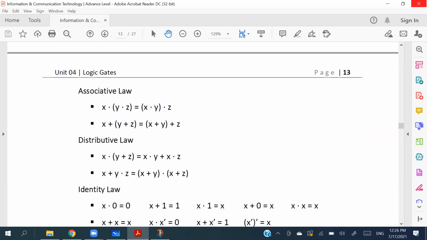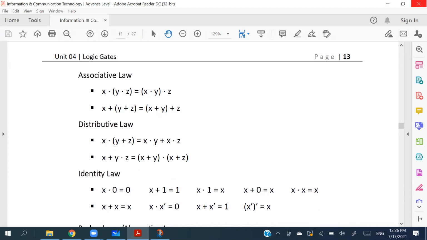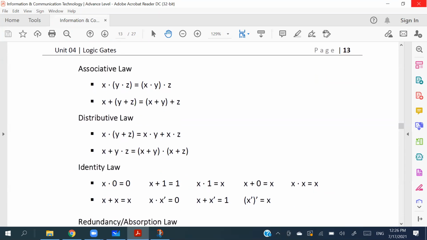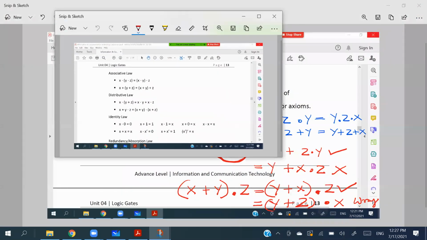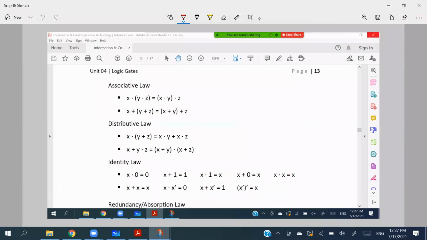It is talking about the things inside the brackets, and still look at the operators. The operators are similar, identical operators.